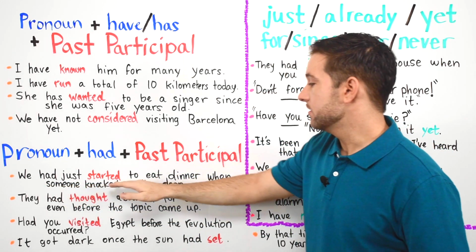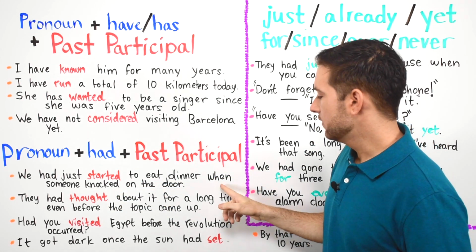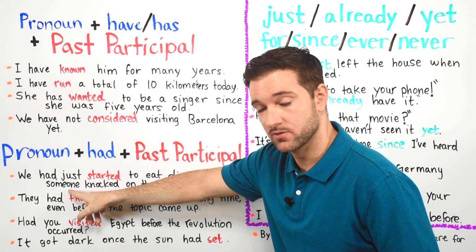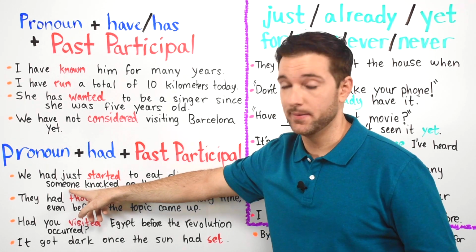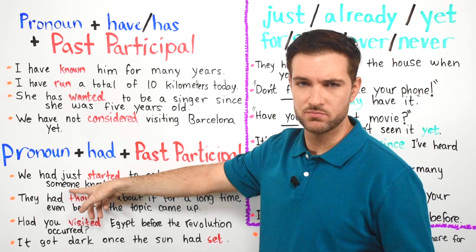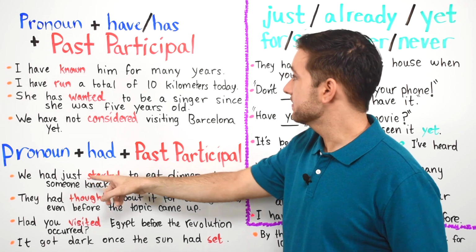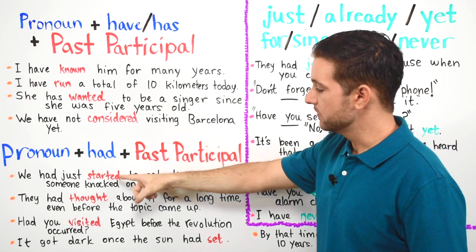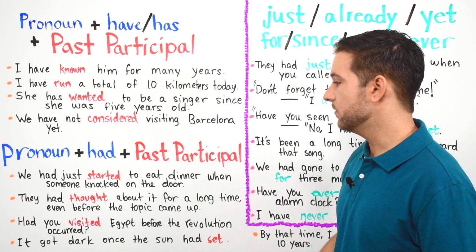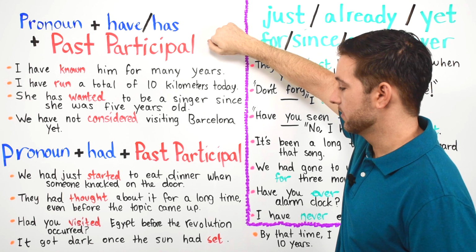Now, let's go ahead and look at the examples here. We had just started to eat dinner when somebody knocked on the door. Sometimes people can say somebody, sometimes people can say someone. You choose. We had just, remember we have time words over here, started to eat dinner when somebody knocked on the door.